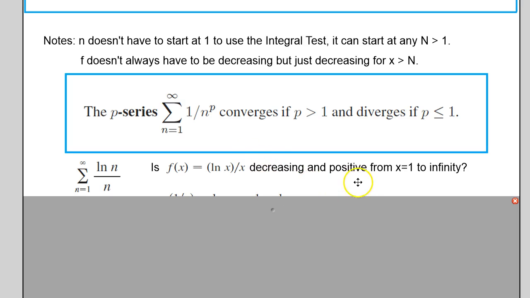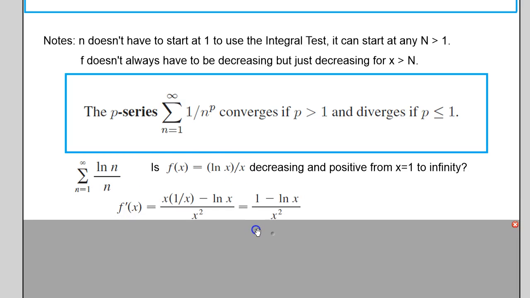Now the question is, is it always decreasing? And that may not be easy to determine. The quickest way to determine whether or not it's decreasing is to look at the first derivative of this function. If the first derivative is always negative for x from 1 to infinity, then we can say it's decreasing.